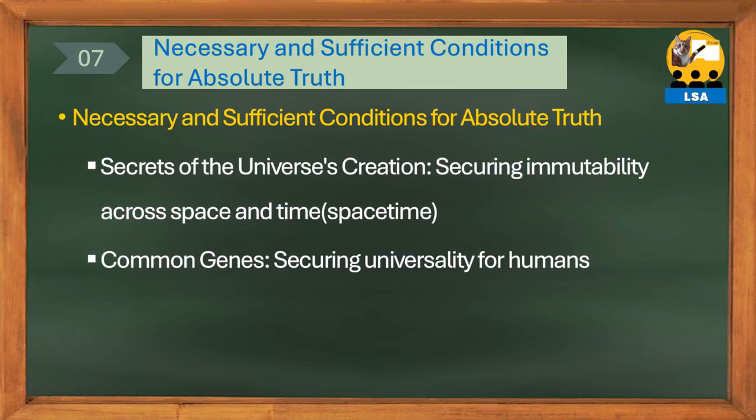Since common genes are already secured, Lee's Science Academy maintains the position that absolute truth does not exist until we know the cause and principle of the universe's creation. Until we obtain absolute truth, there is only better truth maintained relatively longer, and humans are exploring and researching to find such truth.